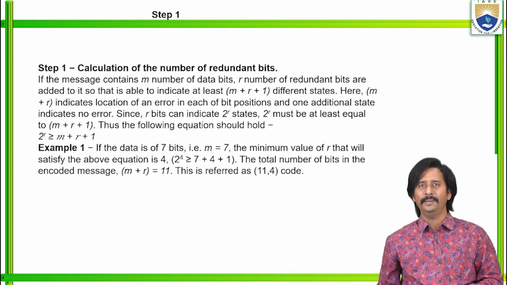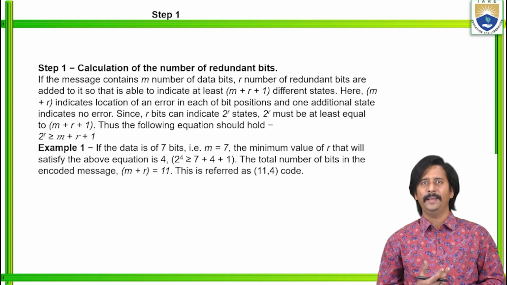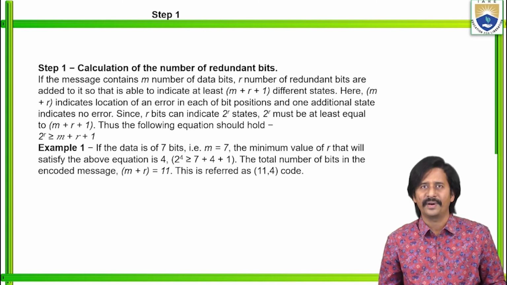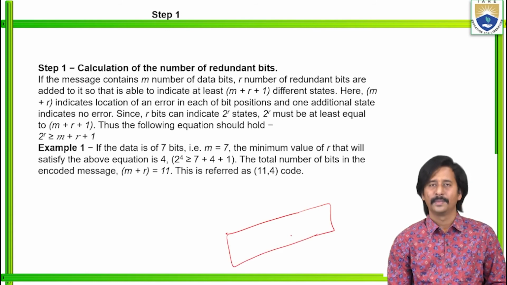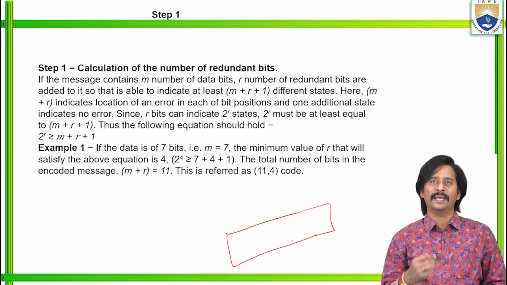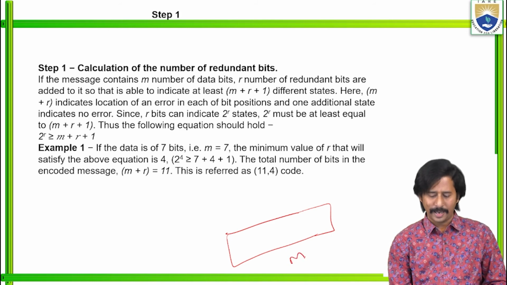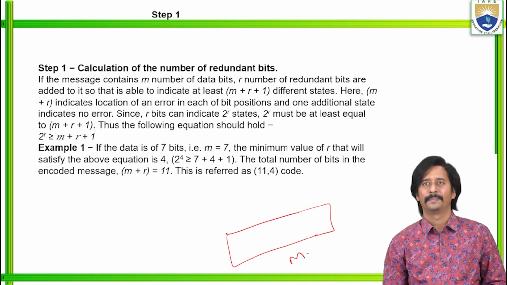See, this is step 1. Let us complete fast. Step 1, calculation of number of redundant bits. Whatever message we are ready to transmit contains m number of data bits, right?